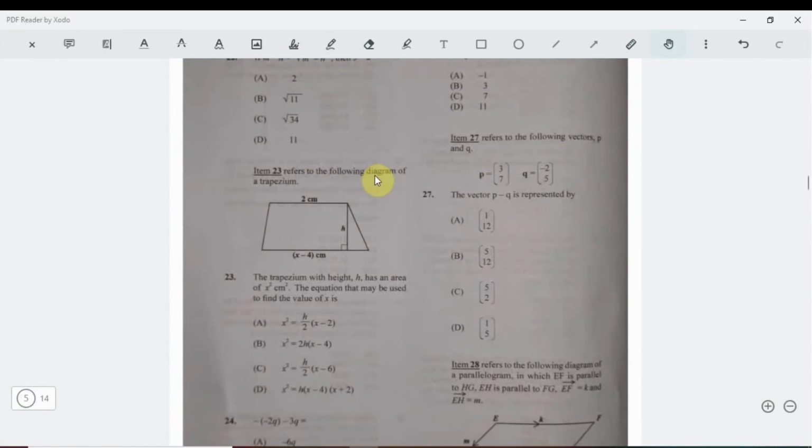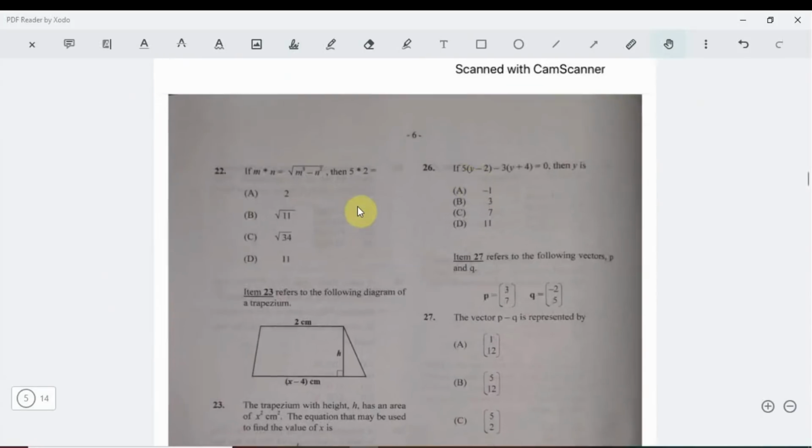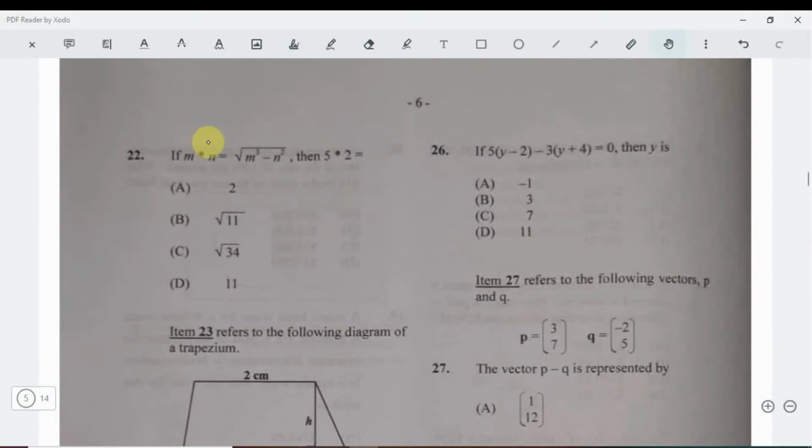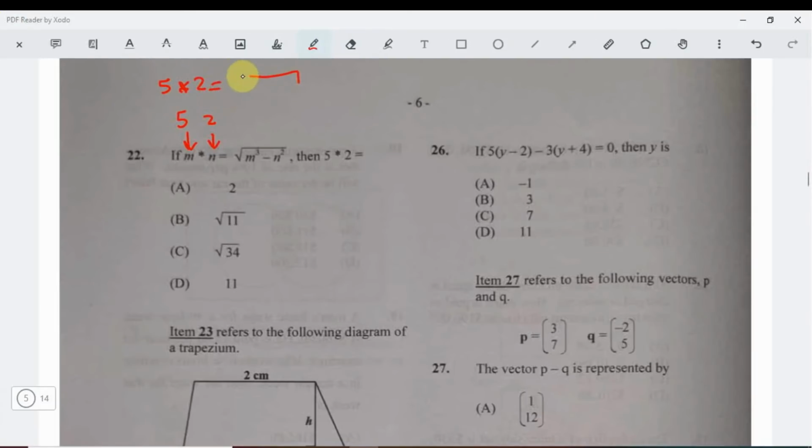Alright, question 22 says, if m star n is equal to the square root of m cubed minus n squared, then 5 star 2 is. So all you're going to do is replace m with 5 and n with 2. So 5 star 2 is equal to the square root of 5 cubed minus 2 squared.